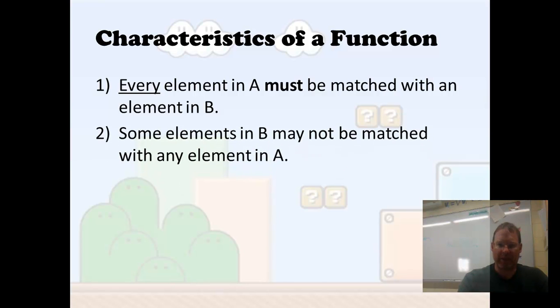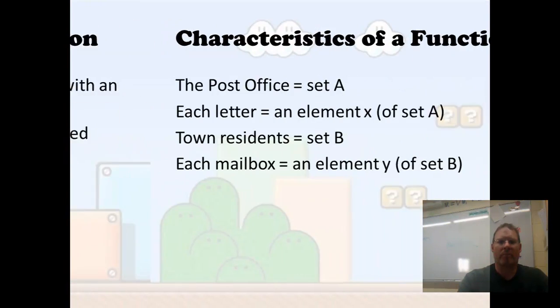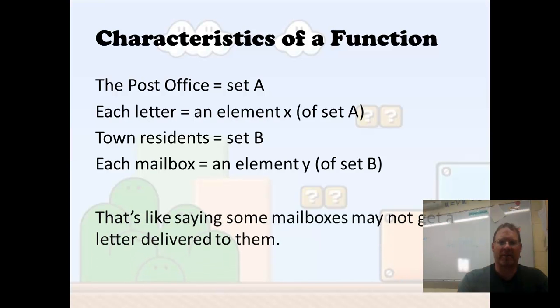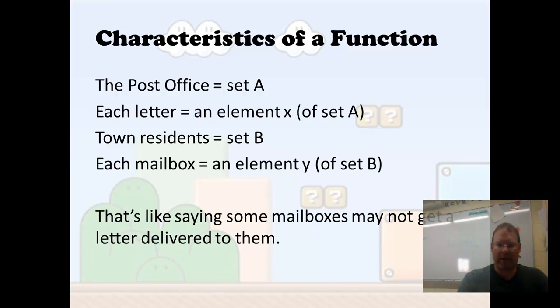Some elements in B may not be matched with any element in A. That's the same thing as saying some mailboxes may not get a letter delivered to them. Kind of like me on Valentine's Day. I don't get any notes. Everybody else does, not me.